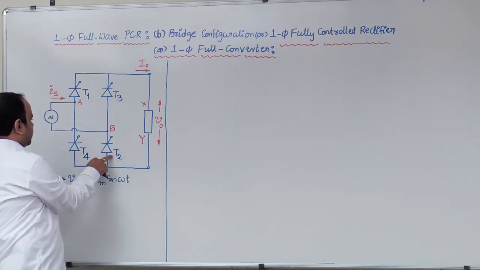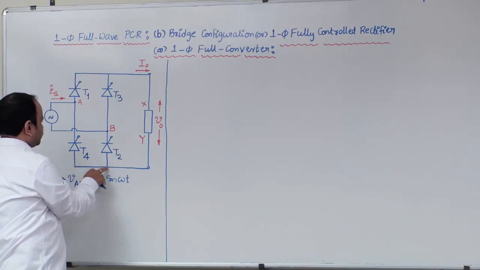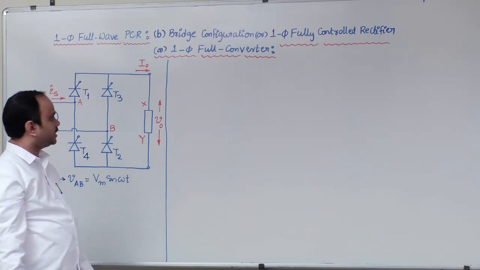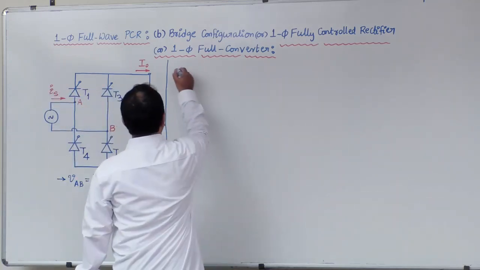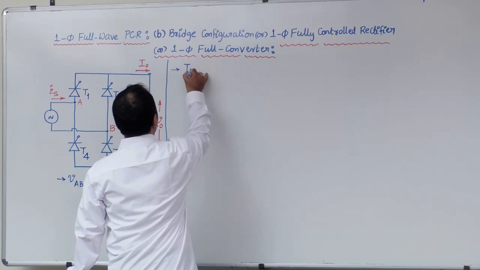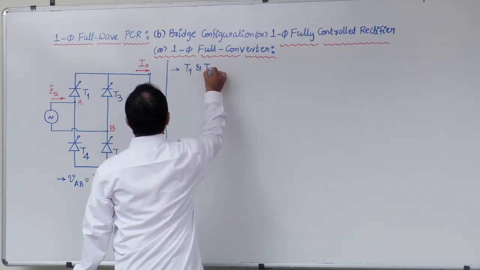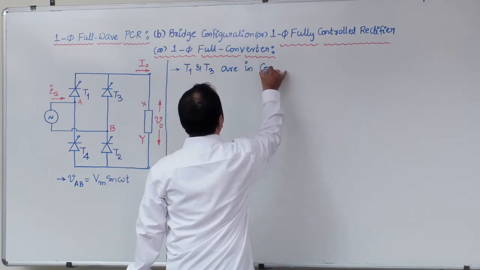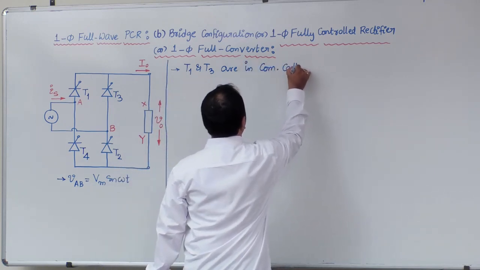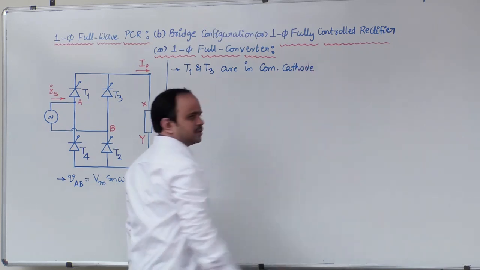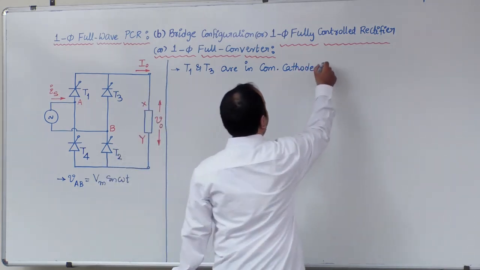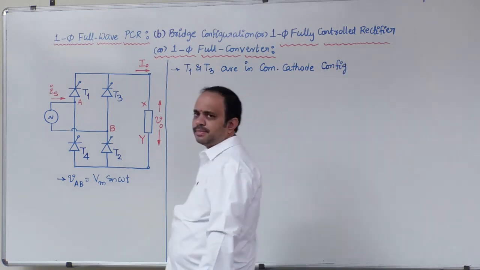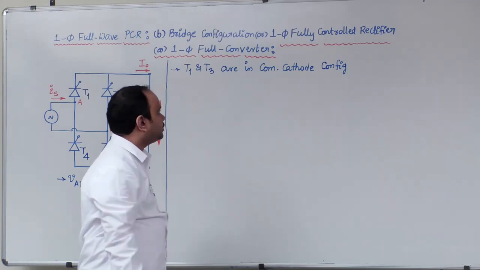Similarly, for the lower half devices, anodes of these two devices are connected at a common point. So upper half devices T1 and T3 are in common cathode configuration.